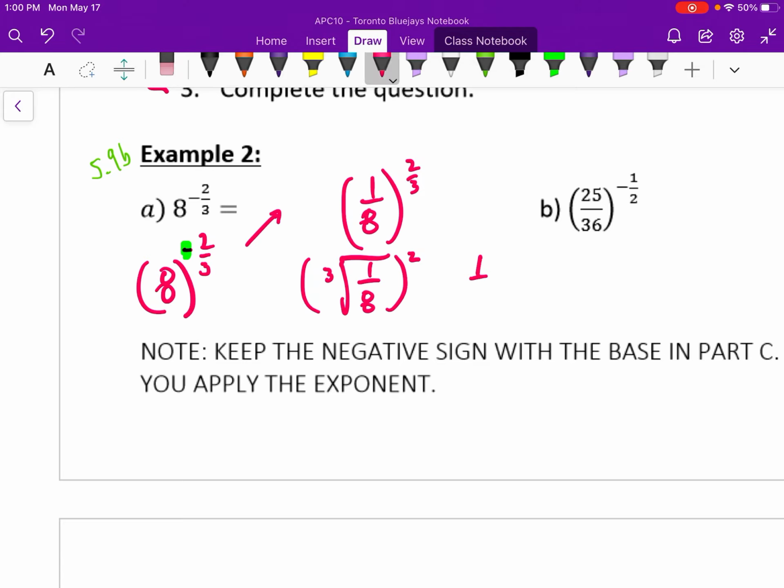That is 1/2. And 1/2 squared yields our final answer of 1/4. So there were actually three different mathematical operations hiding in this rational exponent.